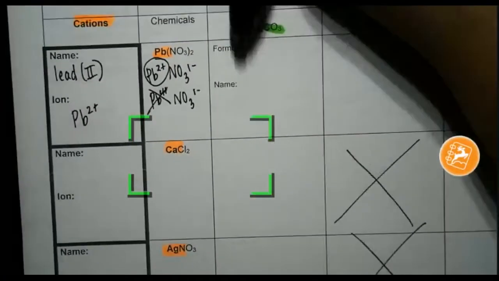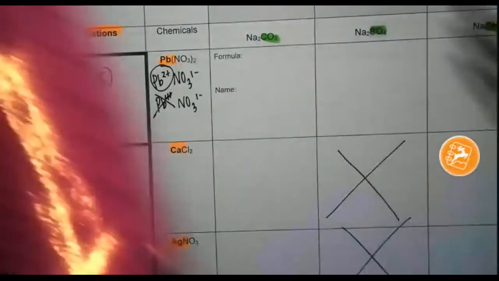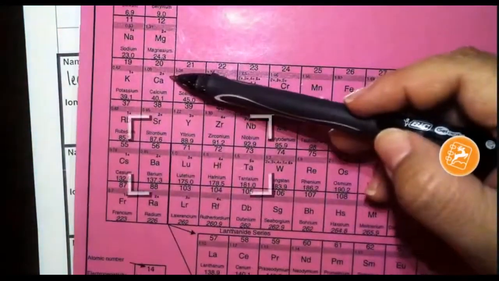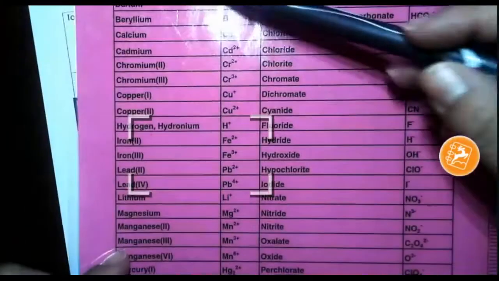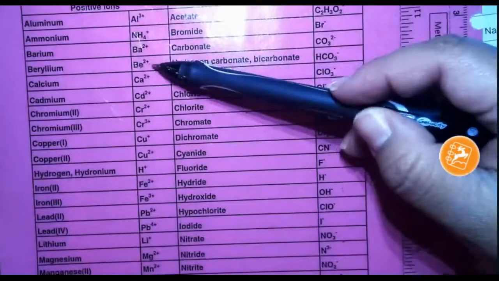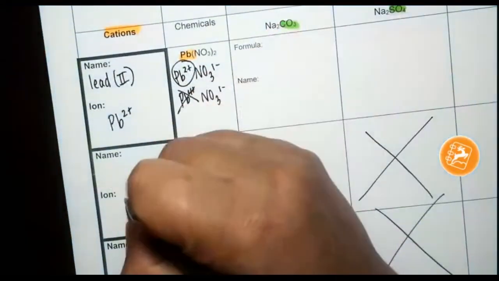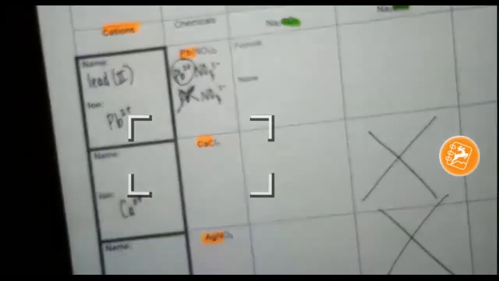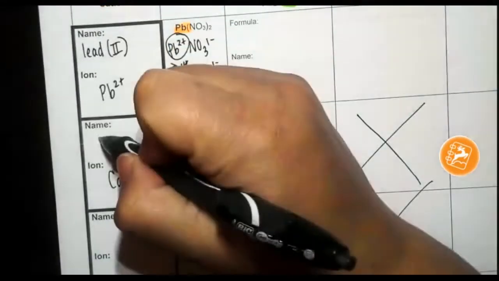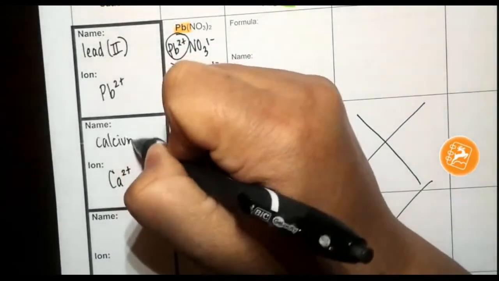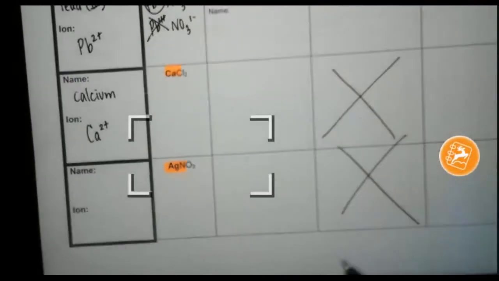Now, this one is Ca, so I look for Ca. I know that Ca can only have one charge. Calcium is 2 plus, so it's Ca2+, and the name is calcium. Here I have Ag, which is right here. I'm going to double check over here.